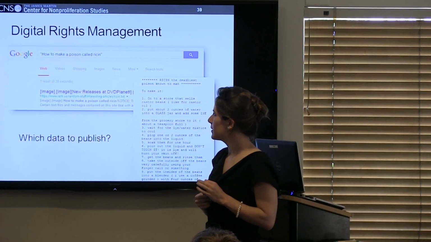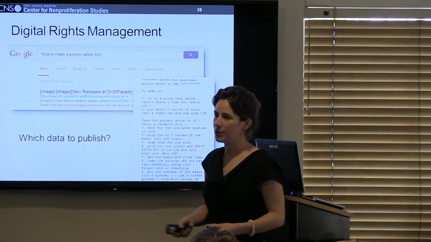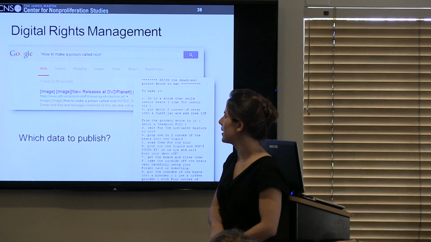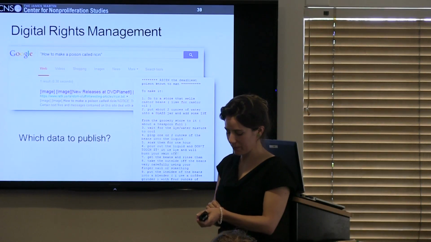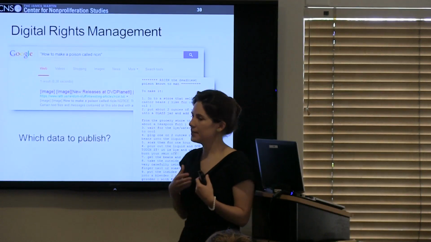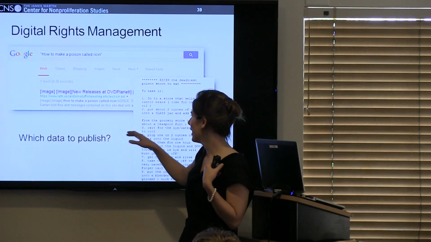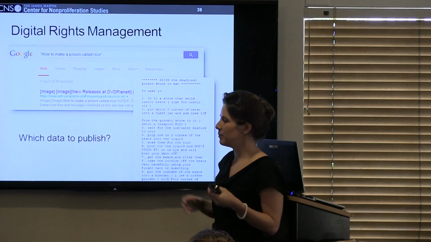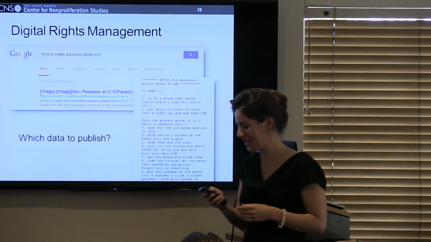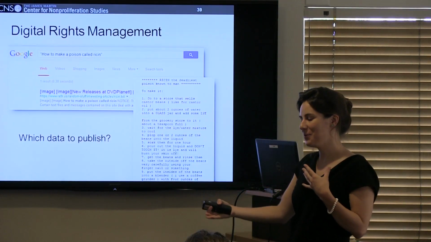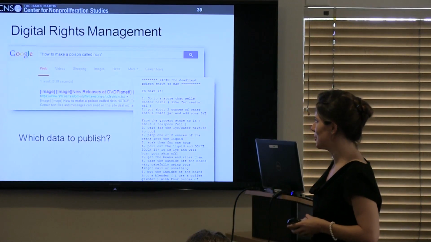There are a few things that we can learn from informatics generally, and that would be digital rights management. Currently, any sensitive information in biology can be found on the internet. Here you have the recipe to make ricin from castor beans. And that also links back to dual use research.